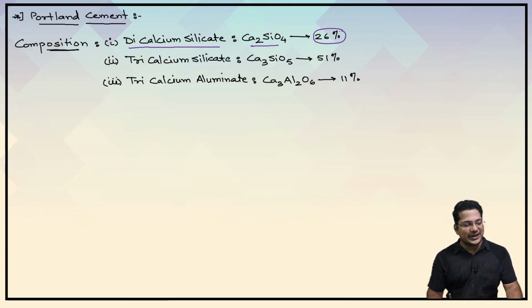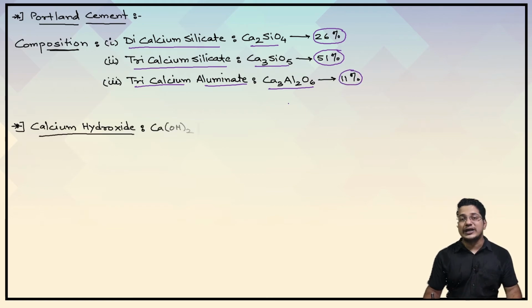The next one is tricalcium silicate, which is Ca3SiO5 in the proportion of 51%, the maximum of all of them. And the last one is tricalcium aluminate, which is Ca3Al2O6 in 11% composition.